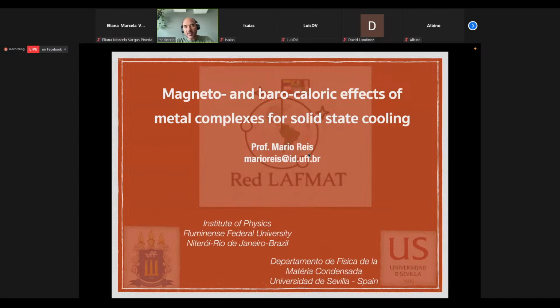And this community is studying the caloric effects in these magnetic materials. I'll focus my attention today on the metal complexes.